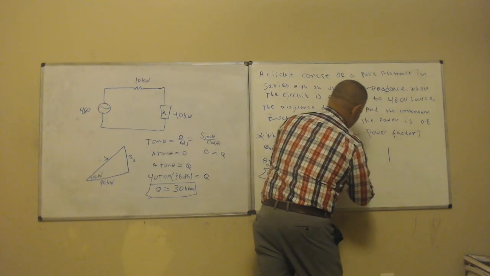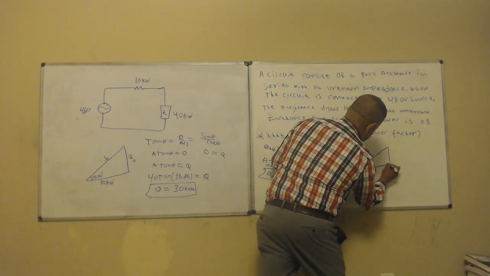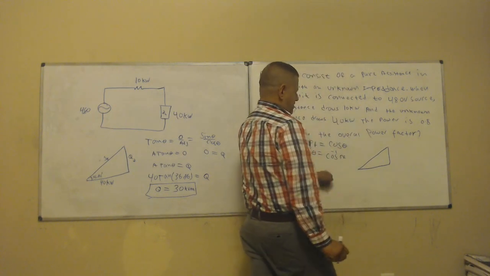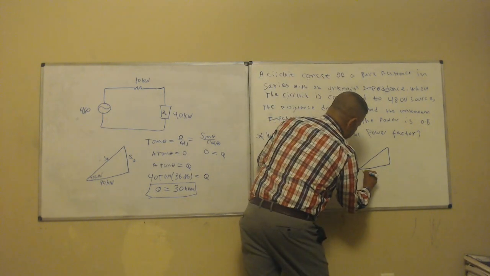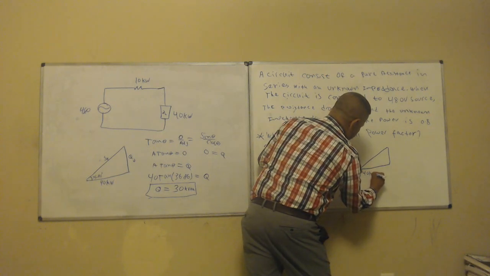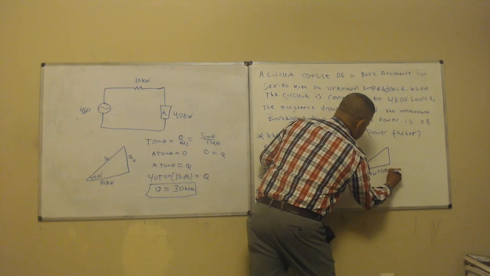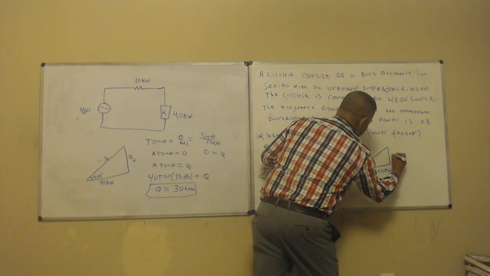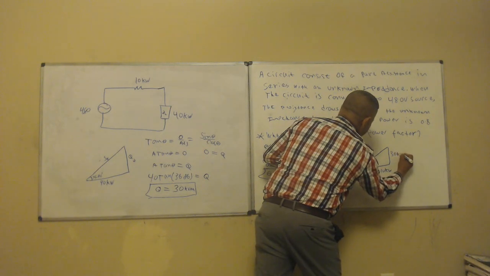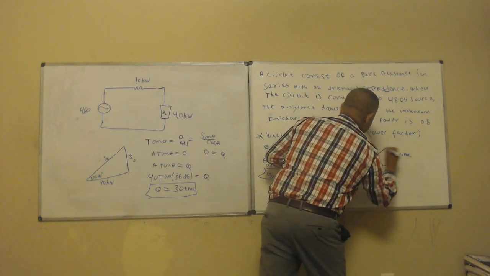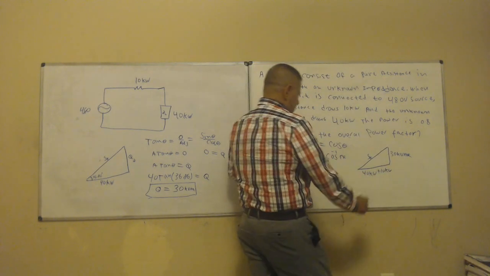This power triangle is going to have 40 kilowatt plus 10 kilowatt, and over here I know that it is going to be 30 kVAR, and this is S, and this is theta.